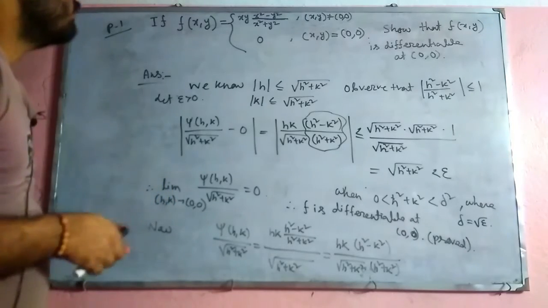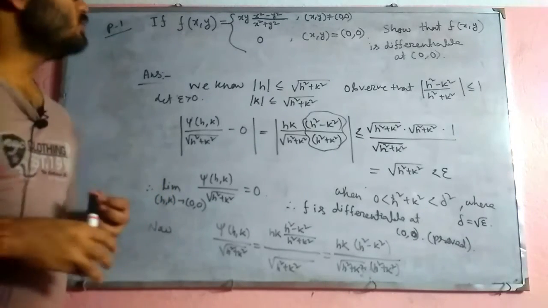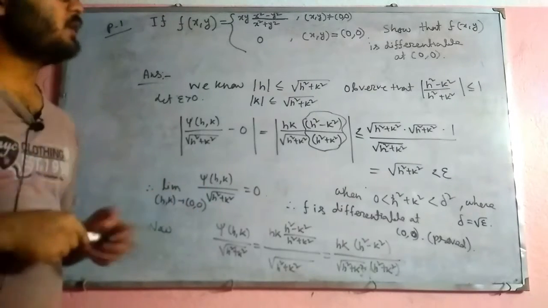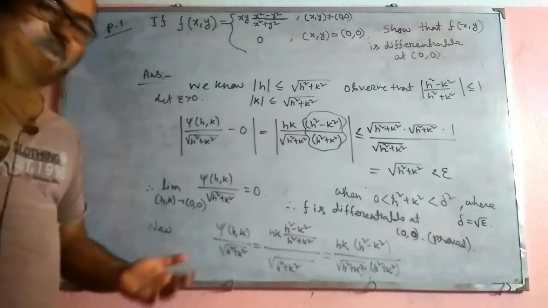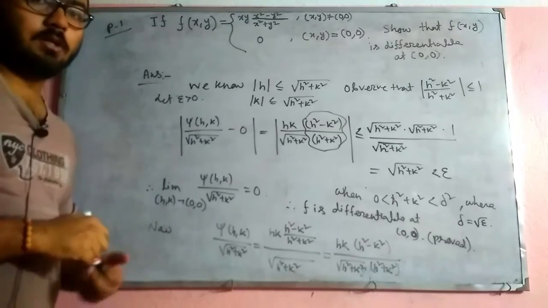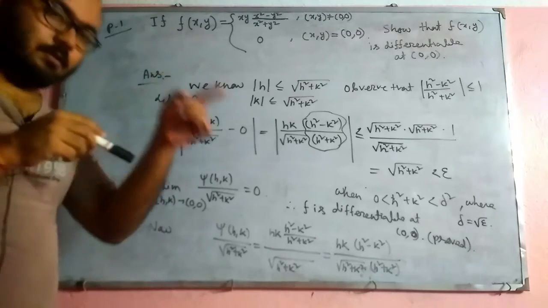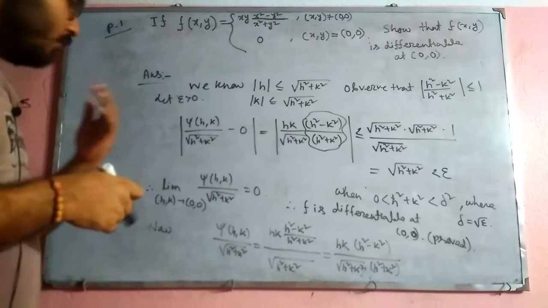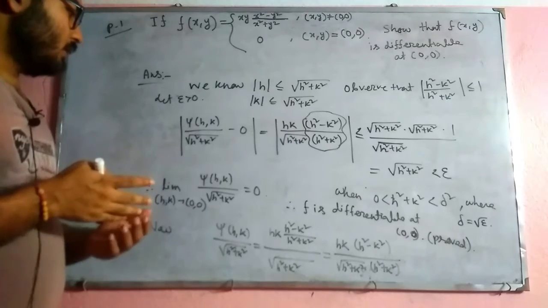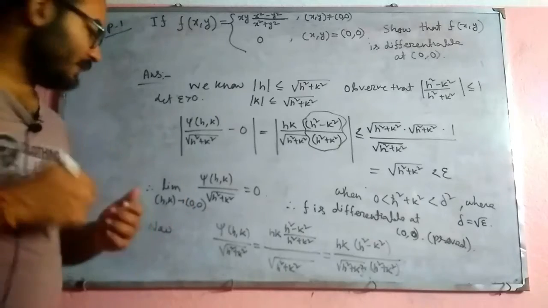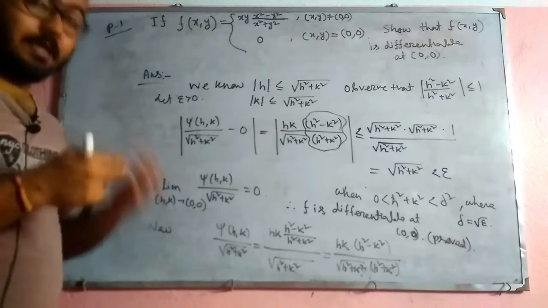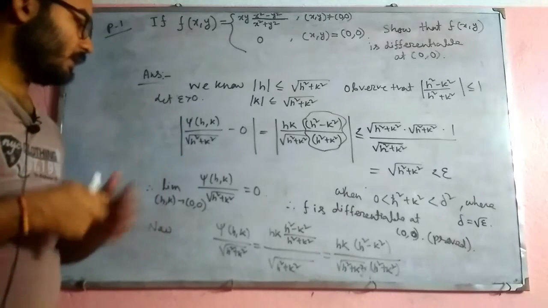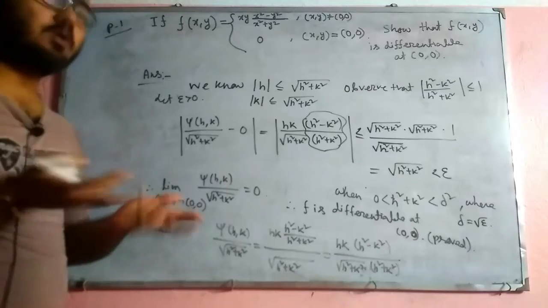So when you are asked to show that a certain function is differentiable at some point, then you have to find just the partial derivatives of that function at this point, and you have to find psi of h comma k such that the limit of h comma k tends to 0 comma 0 of psi of h comma k by root of h square plus k square is equal to 0.